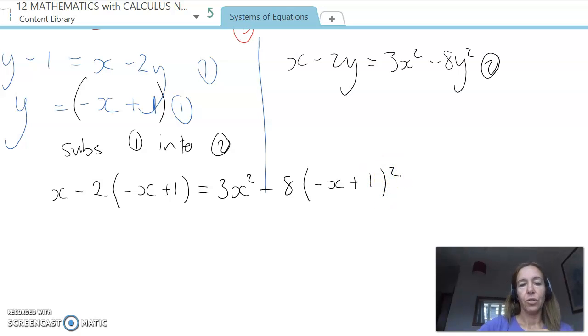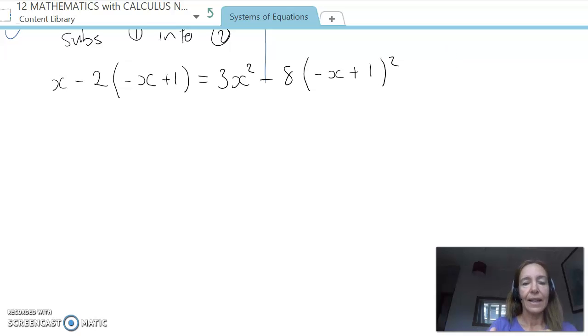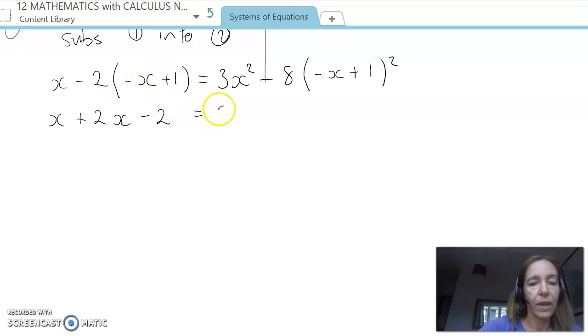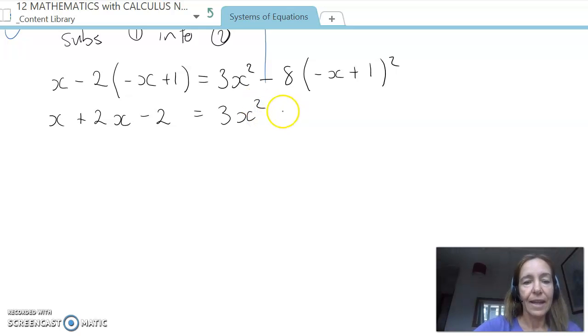Okay, so now that I've got that, let us unpack this. x minus 2 times minus x gives me plus 2x. Minus 2 times 1 gives me minus 2. That is going to stay the same for now. Let's unpack this. I'm going to leave my 8 there.